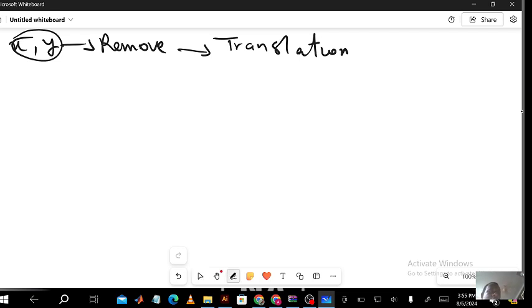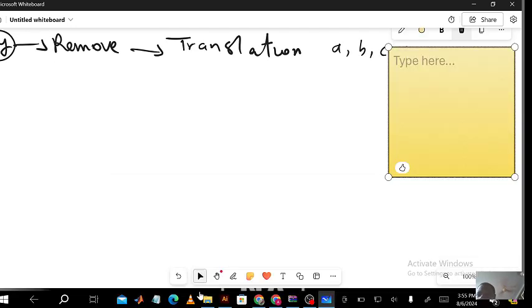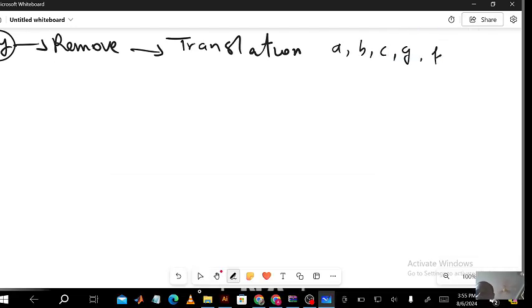Now, if it is translation, what was the equation? I already determined the values of a, b, c, g, and f. Now the h.